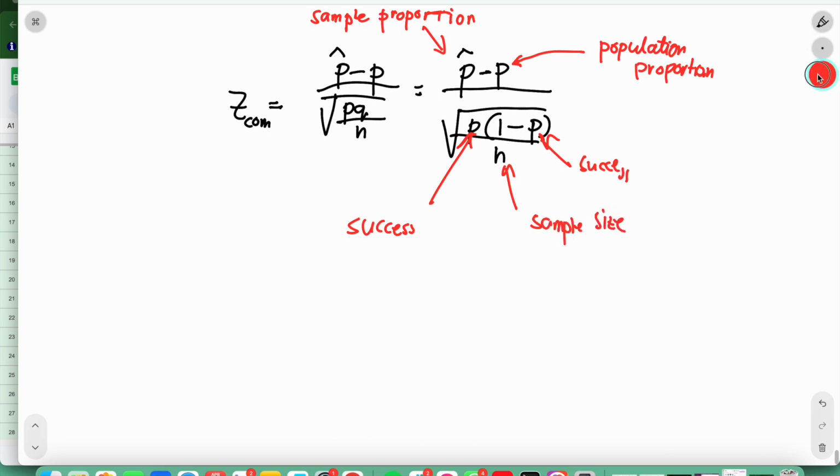So I don't want you to be confused like I was regarding the population proportion and the success proportion. Since assumption 1 and assumption 2 are met, we now have the z computed.